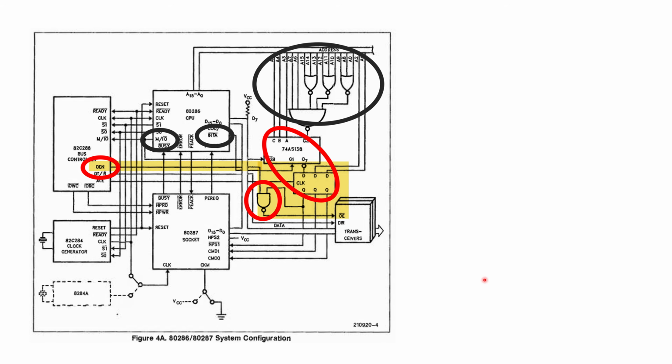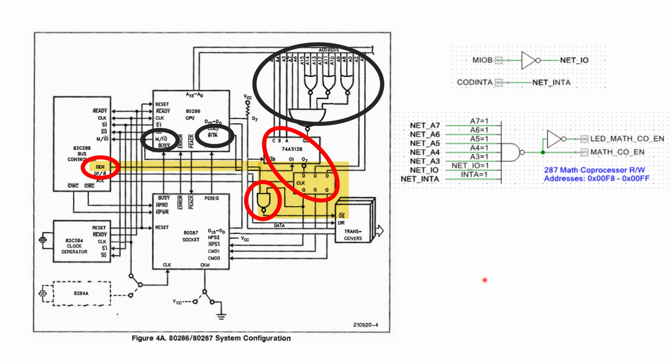And so I recently updated my PSOC, and I brought in two new signals, my MIO signal and the CPU INTA signal. Then I updated the logic so that for my math coprocessor enable signal that's going out, I'm looking at A7 down to A3, plus I'm looking at this net IO, which is basically an inverted MIO.